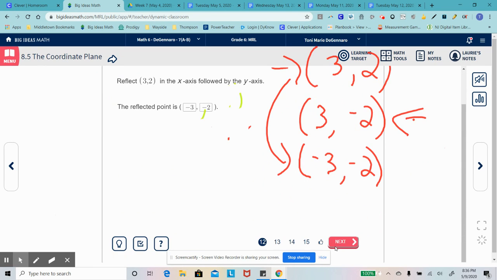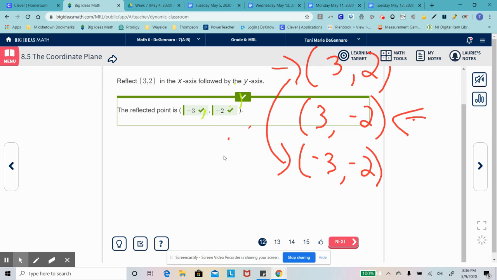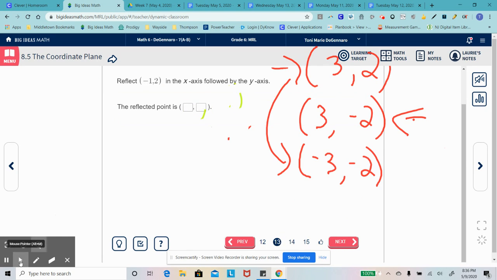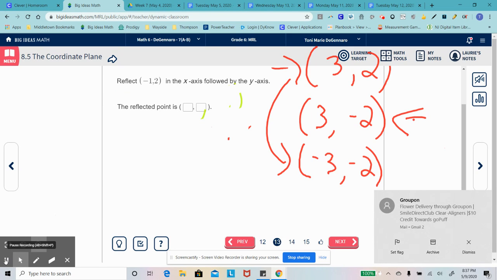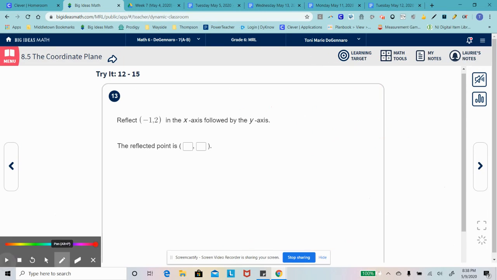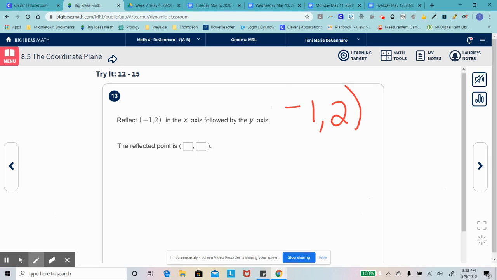All right, so let's see if I can hit check. There we go. It is all good. So now let's go to number 13. And while I'm erasing it, why don't you try reflecting -1, 2. Okay, so we are now at -1, 2. And they're asking you to reflect in the x-axis followed by the y-axis.